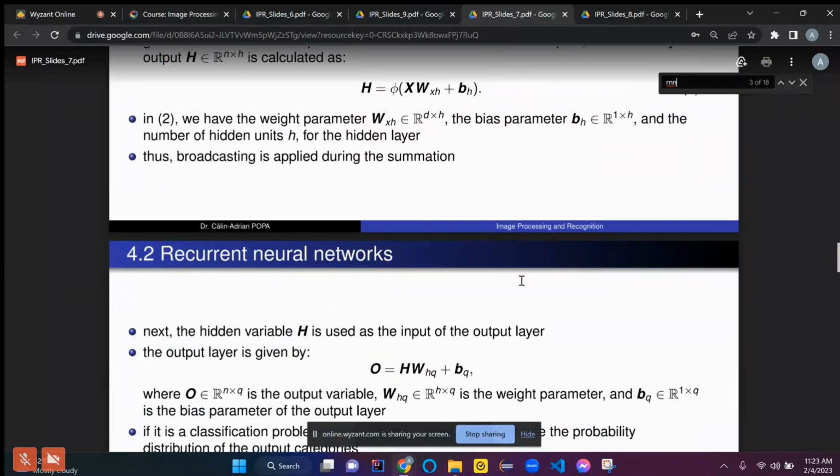How do they say it exactly in the question? Write the equations for 2 time steps of forward pass through the network.